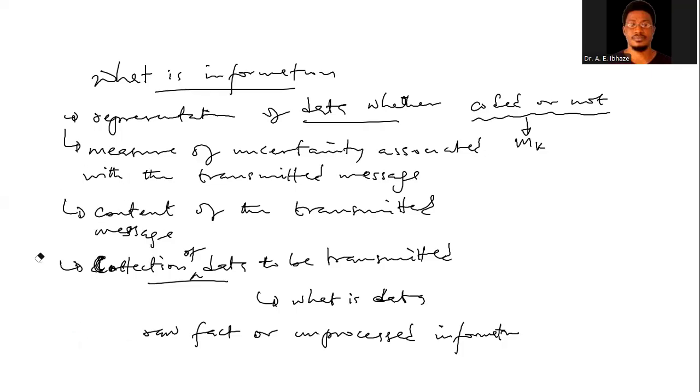Like you said, ancient. So why did you say ancient? It's a definition we've known maybe from primary school and all that. Okay, that sounds good. So whether coded or not simply talks in terms of raw, right?